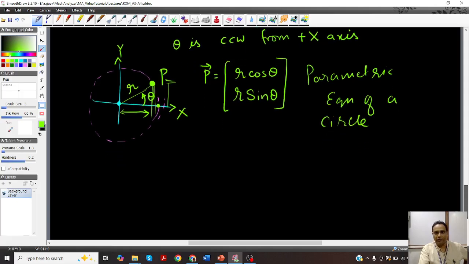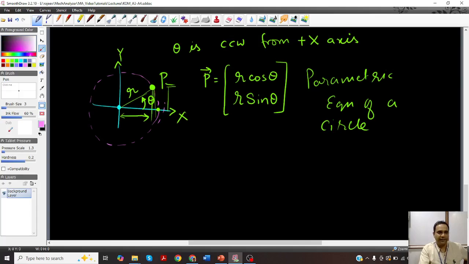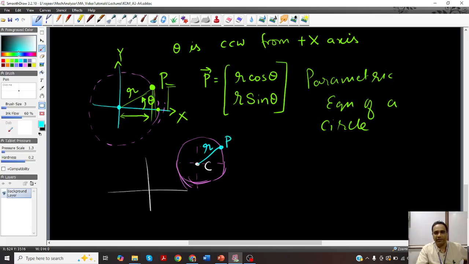Okay, now what will happen if we take a slightly different circle? Let's say I have a circle which is centered at C, and it still has some radius, given in this manner. What is this point P? How do we represent that? Obviously we'll consider the same situation.